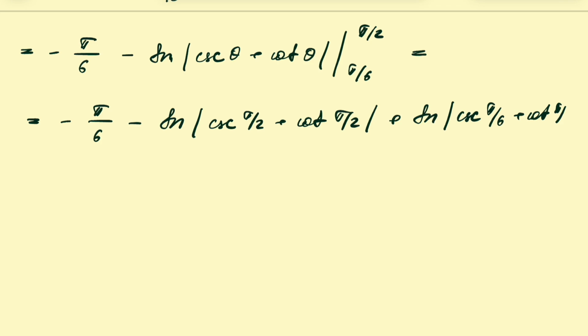We are at the lower boundary, pi over 6. Okay, now our final answer is minus ln of, let's quickly remember the cosecant of pi over 2.